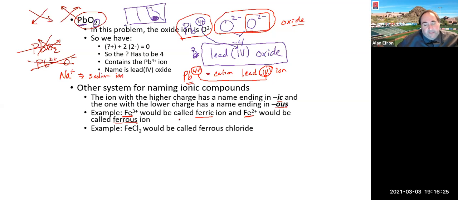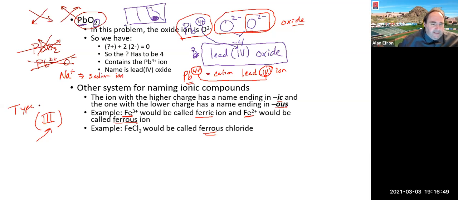We're not going to use any of those names, but you should be aware of them. It sometimes pops up occasionally. In here, we will use the Roman numeral way of naming, and that's the way you should name things that need Roman numerals, not the old-school way. So don't use the old-school way. Use the Roman numeral way for our type 2 ions.